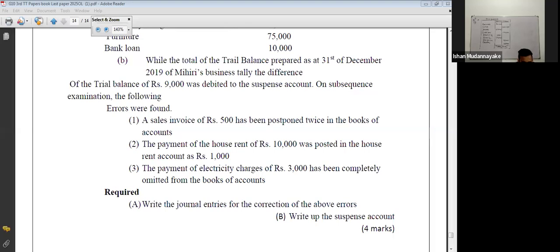Students, look at the last question. One of the important questions. Correction of error question.